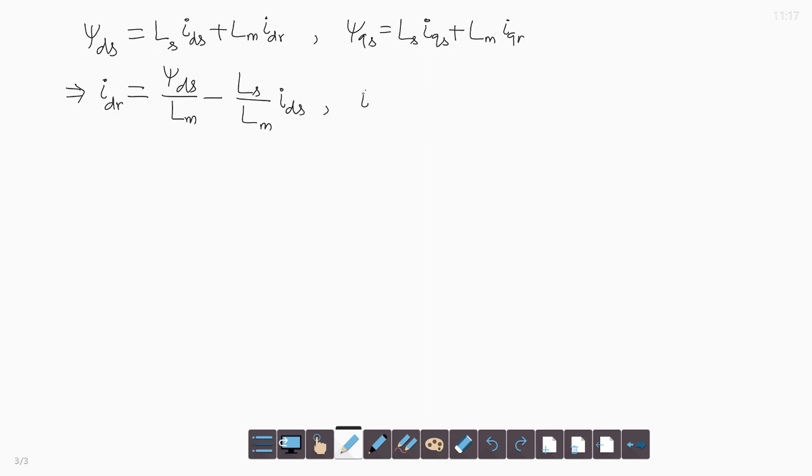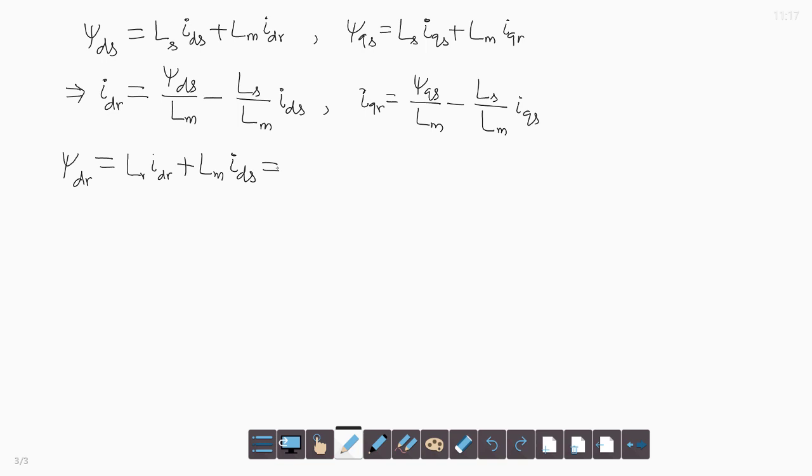Similarly, Iqr is psi qs by Lm minus Ls by Lm Iqs. Using these rotor current components Idr and Iqr in the rotor flux expression, psi dr is Lr into Idr plus Lm into Ids.